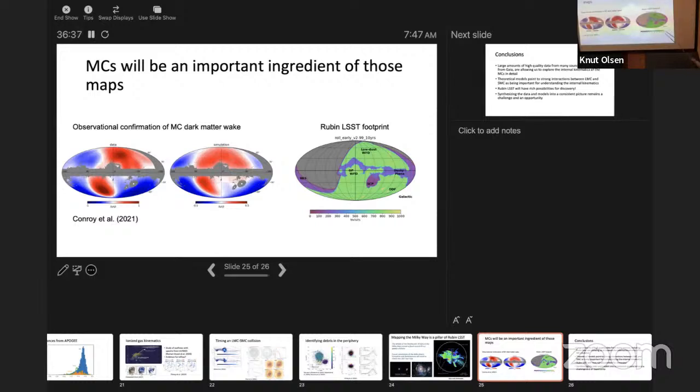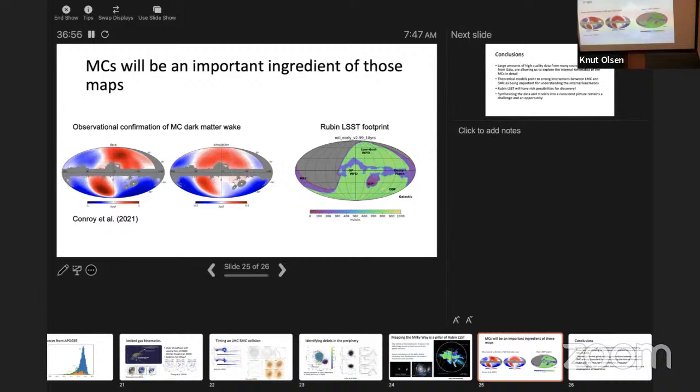I just wanted to put up the Rubin LSST footprint here. So here are the Magellanic Clouds. We'll be covering all of this area, which maps quite well to the region where we would expect this dark matter wake to have formed.